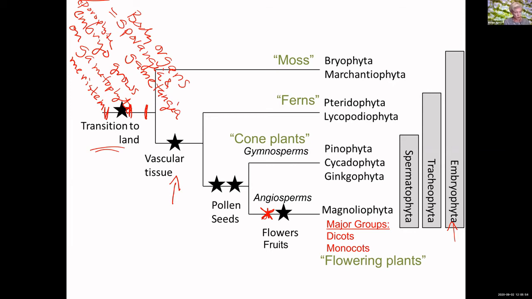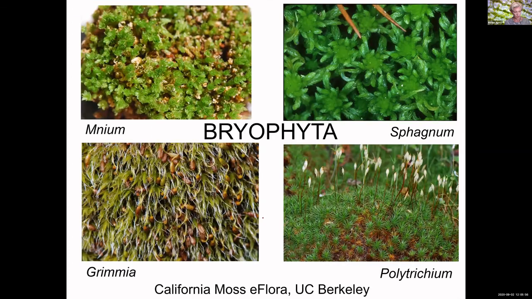All right, so let's take a tour through these different kinds of plants. The bryophytes are true mosses. In our lab manual, we're going to look at some slides, and those are going to be moss sporophytes, and it's a little tiny, tiny green, fluffy looking plant. So they're really tiny.